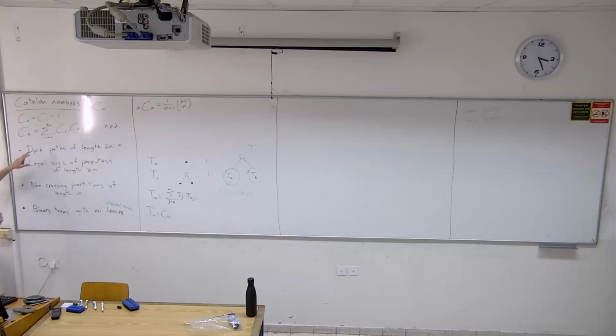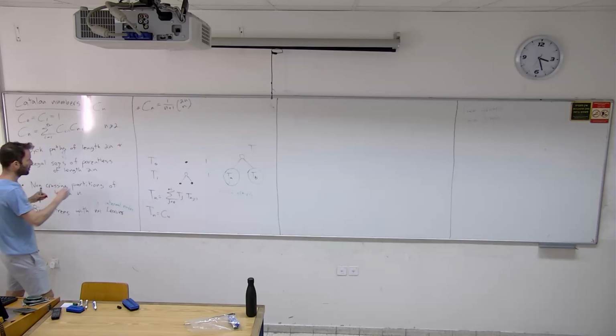And note that for some of these problems, showing directly that counting them is the same is not very easy. So for example, showing that the number of Dyck paths and the number of legal sequences of parentheses, showing that you can write a bijection between the two of them is very easy. It's pretty immediate how you translate uniquely a Dyck path to a sequence of parentheses.